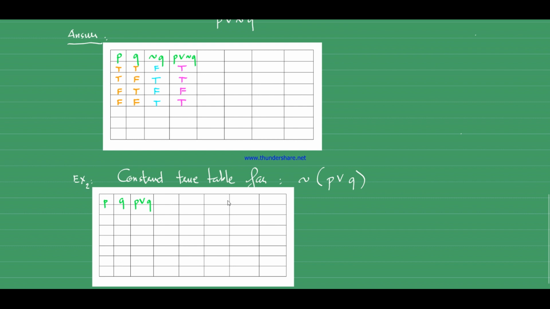Let's see if I can make it a little bit bigger. There you go. There's no more space over here, but that's okay. So we need the negation of P union Q. I'm gonna write over here because it has more space.